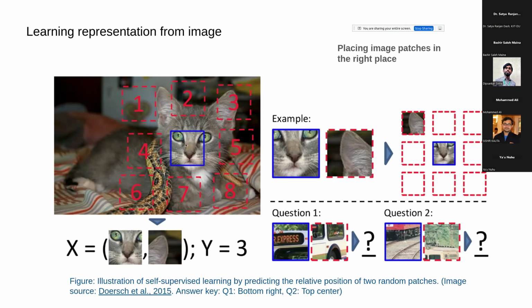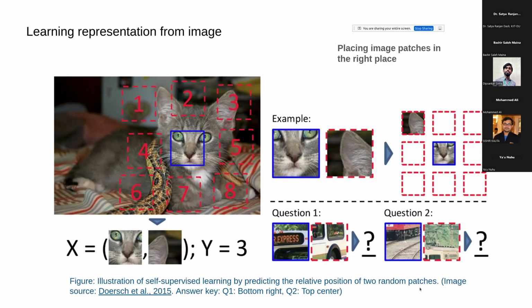I just need to chunk it into different parts. That's all. Then maybe you can show this part and ask the model to generate this part. So this is one way of doing it for images.